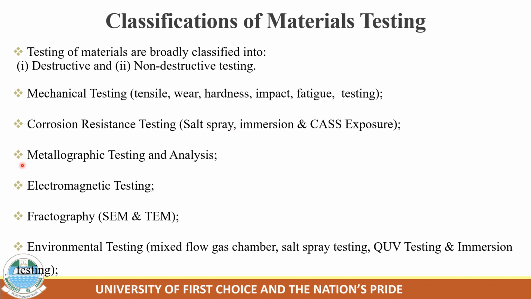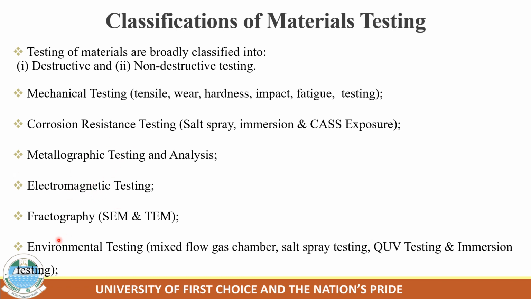The next one is metallography testing and analysis, to test for the composition of material in a metal. The next one is electromagnetic testing, that is electromagnetic induction. If you want to use any material for electromagnetic applications, you have to test whether the material has the property or the capacity for the purpose.